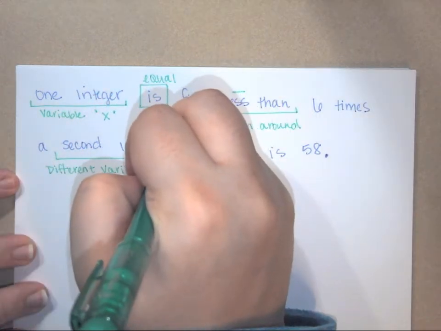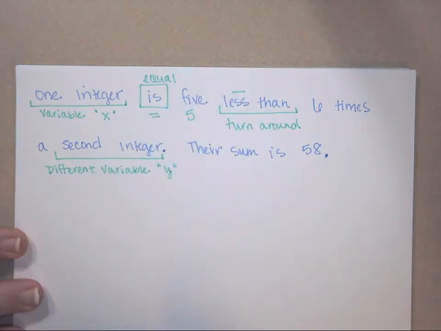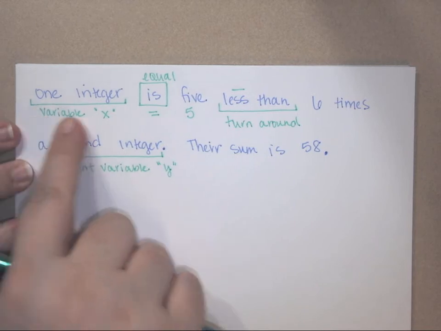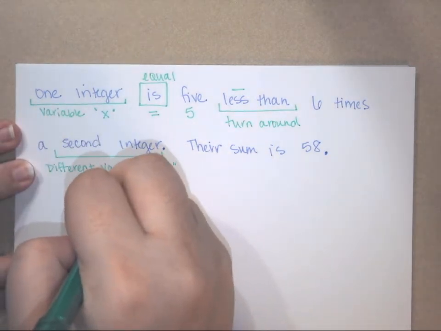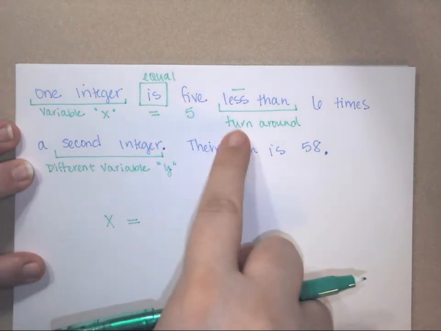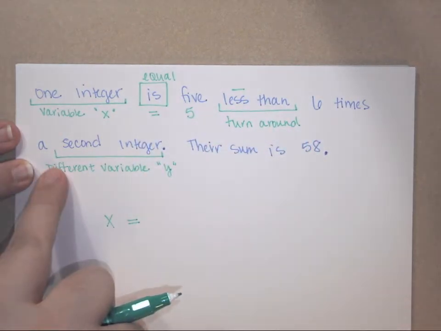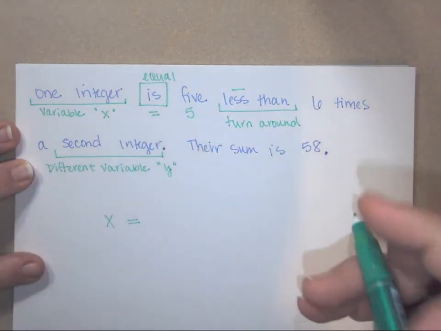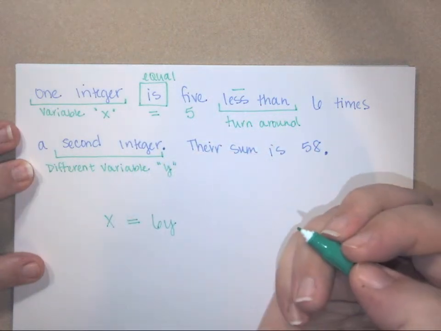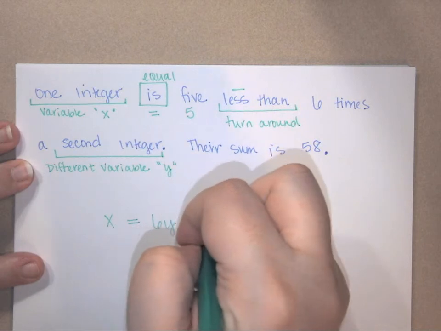Let's call this one y. So if I write down this sentence, what I have is one integer, so x, equals 5 less than 6 times a second integer. So 6 times is going to be 6y minus 5.